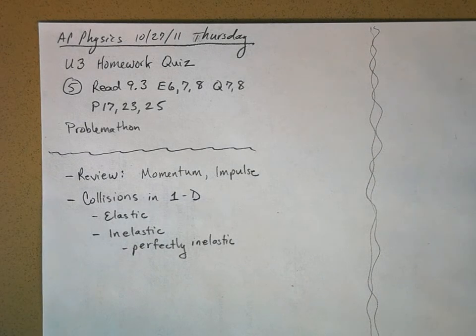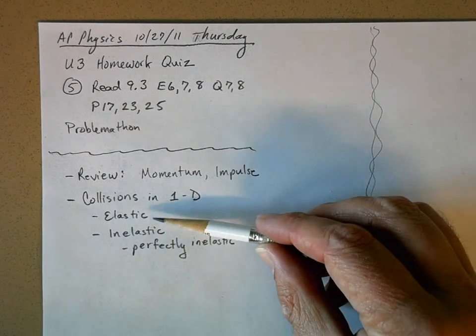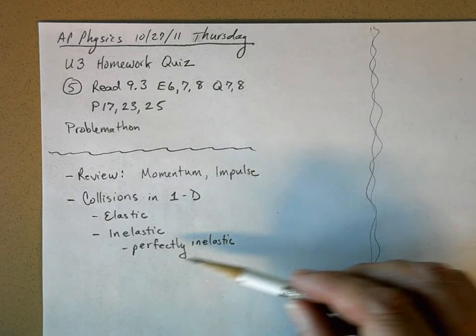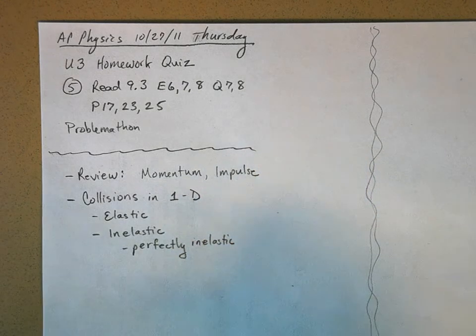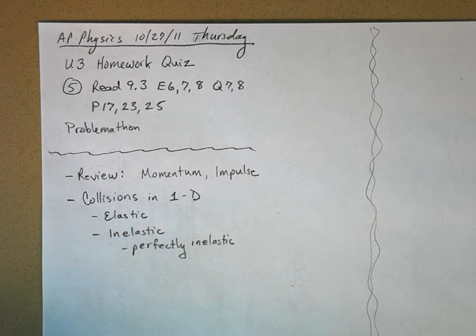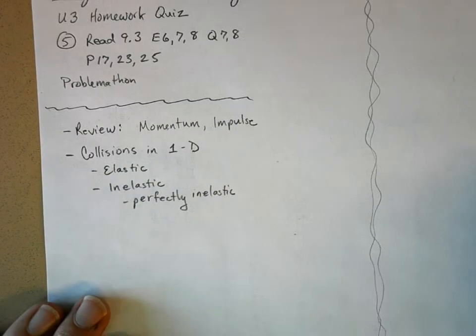Now there are two kinds of collisions we're going to talk about: elastic collisions and inelastic collisions. And inelastic collisions have two types: just inelastic collisions and then what we call perfectly inelastic collisions. So we'll talk about that. So let's get started. Let's review.